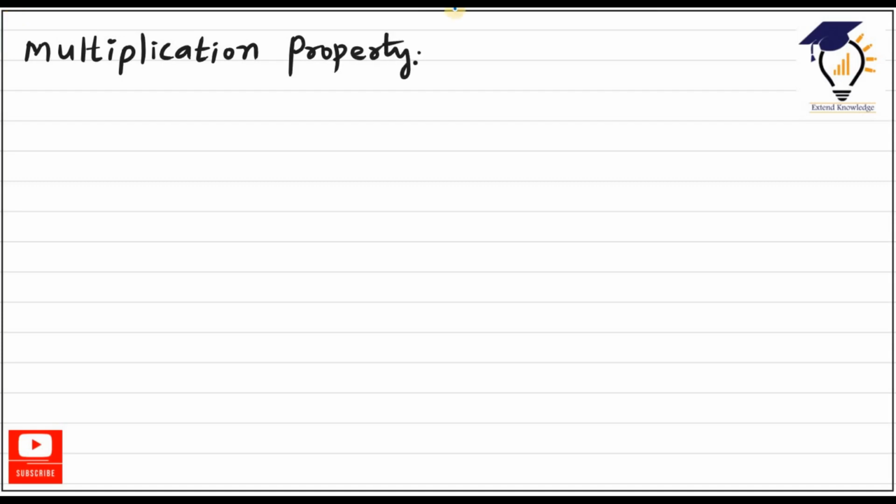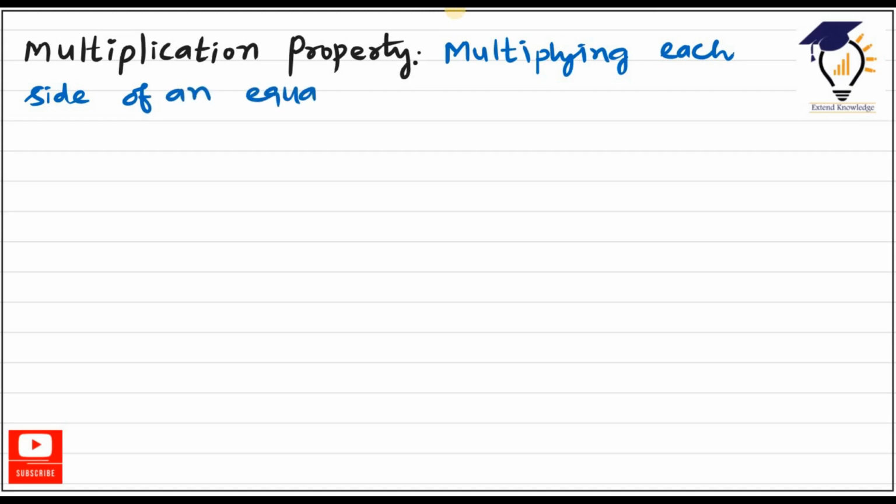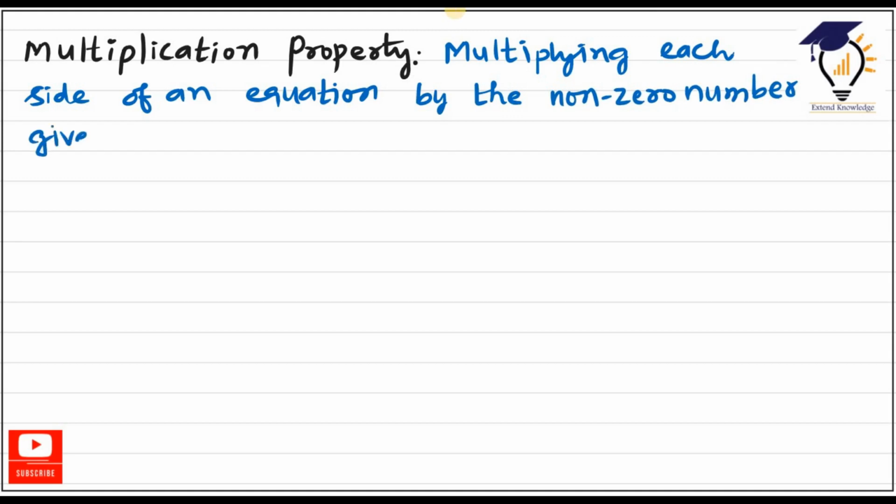So as the property says, multiplying each side of an equation by the non-zero number gives an equivalent equation.